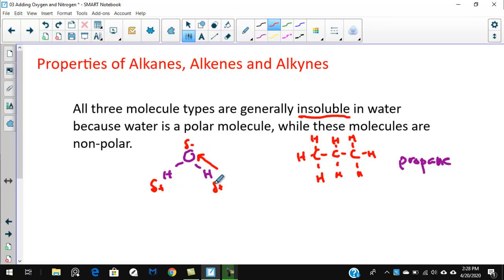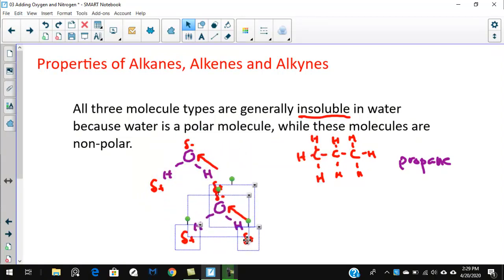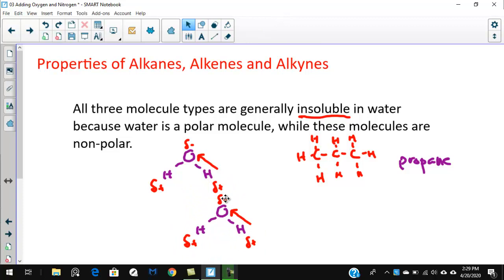inside their one molecule. And if propane comes along to be dissolved in some water, it can't mix in with the water because it can't separate the negative and positive attractions that are between two water molecules. For instance, if we were to copy this water molecule and then put it down here, we can see that the negative of the oxygen is attracted to the positive of the hydrogen.